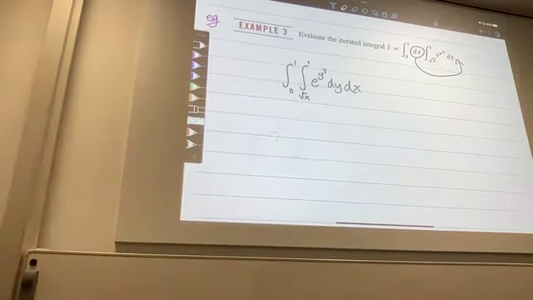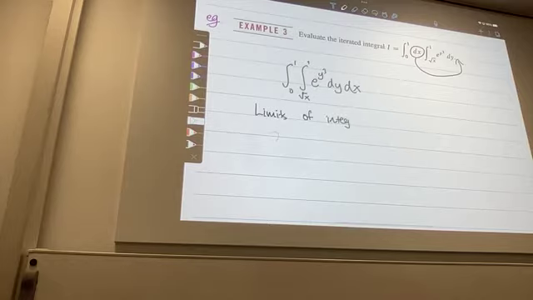So just to be clear, our limits of integration at the moment: this bit is referring to y. So that says y goes from root x to y is equal to 1.